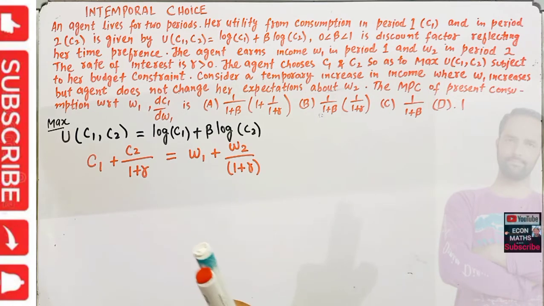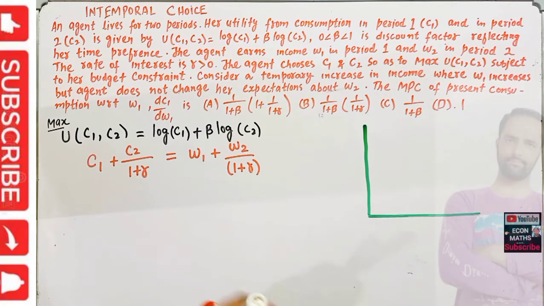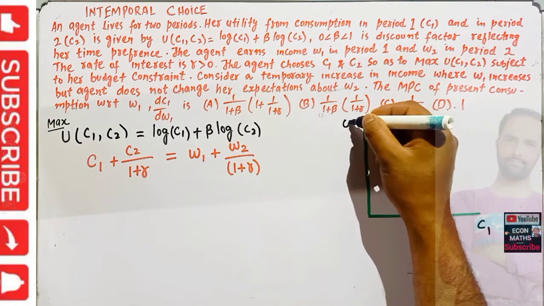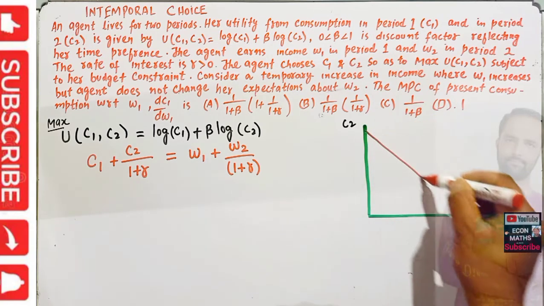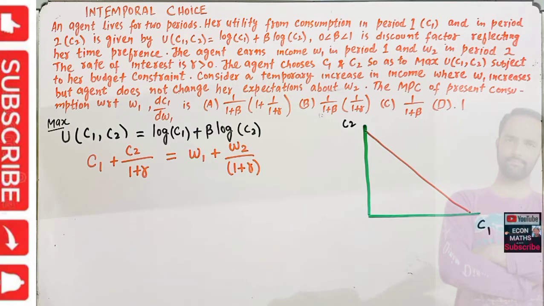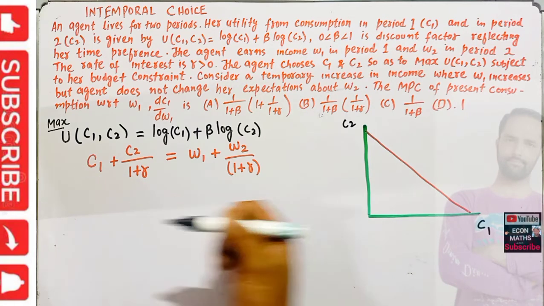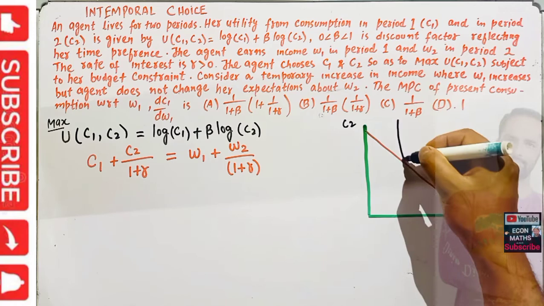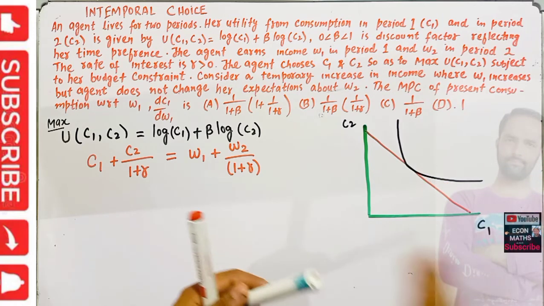Now let me draw the graph to make sense of this. Let us say we show consumption in period 1 on this axis and consumption in period 2 on this axis. Our budget constraint will look like this. The optimal condition requires that the slope of our utility function should be tangent to the slope of the budget line.